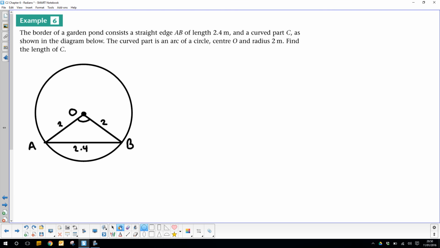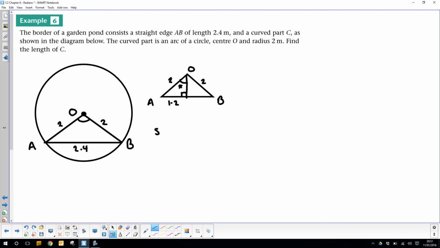So this is now OAB. There's O, there's A, there's B. We've got 2, 2 and 2.4, but I'm going to cut down the middle, so I'm going to say that's 1.2, and I'm going to find that angle using some basic trigonometry. Opposite 1.2, hypotenuse is 2. Let's call that x so that we don't get confused with theta.